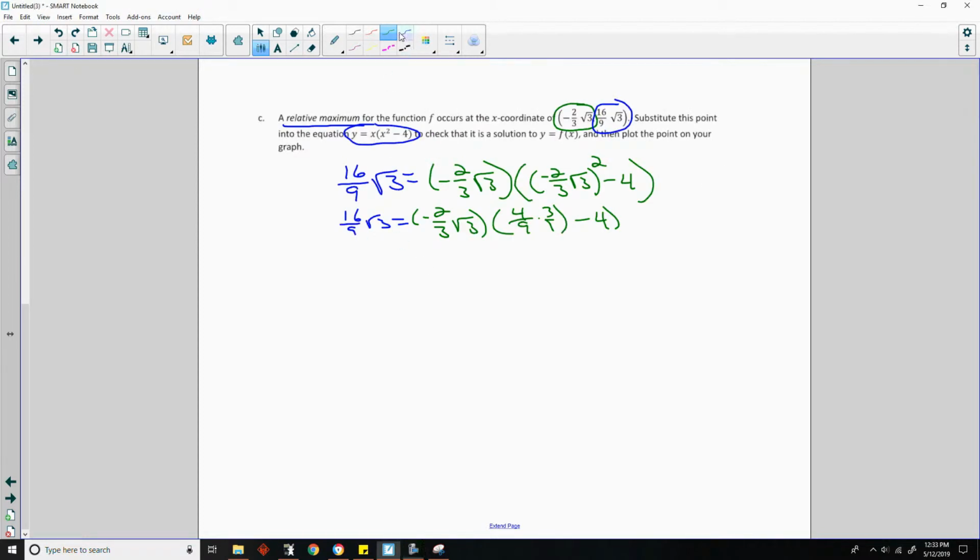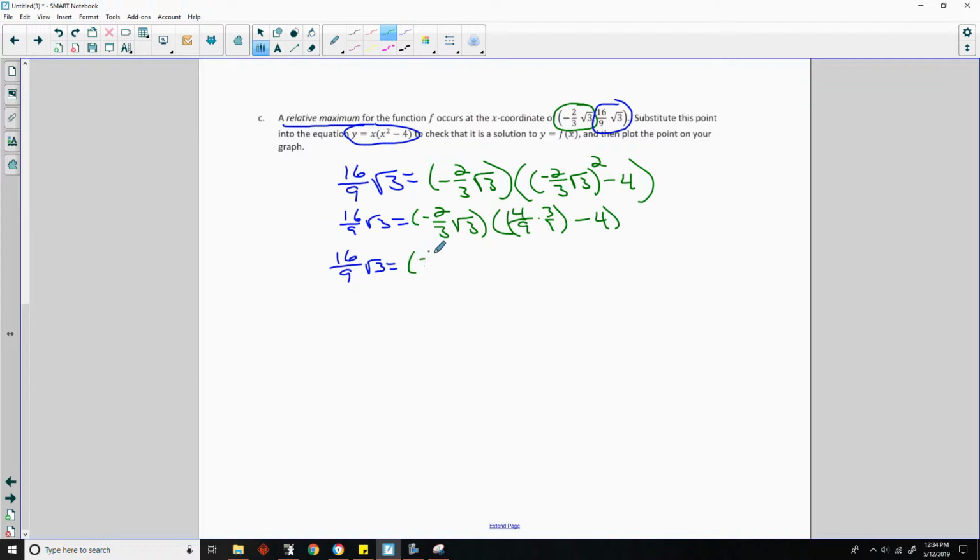Okay, just made some more room for us. Now this is going to stay 16 over 9 square root 3 equals. And I need another parentheses here. That's still a parentheses times negative minus 4.